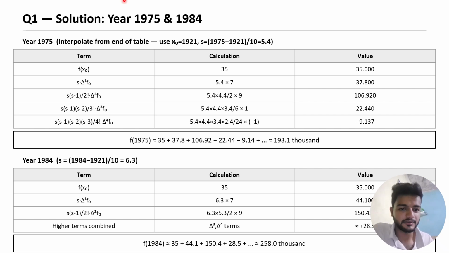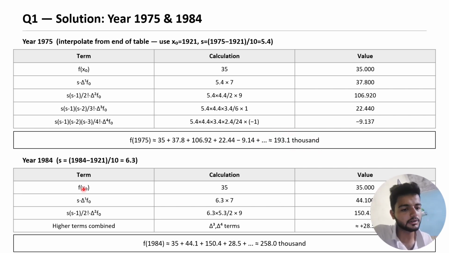So the first term becomes 35, the second term becomes 37.8, the third term becomes 106.92, the fourth term becomes 22.40, the fifth term becomes minus 9.137, and adding all these values we get the population at 1975. So the population during the year 1975 was 193.1 thousand.